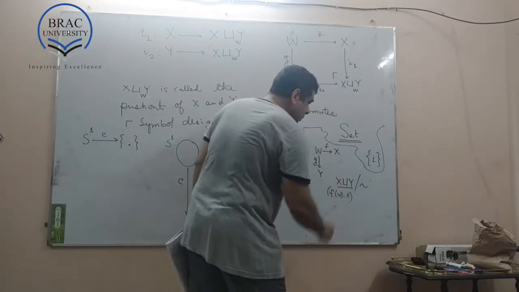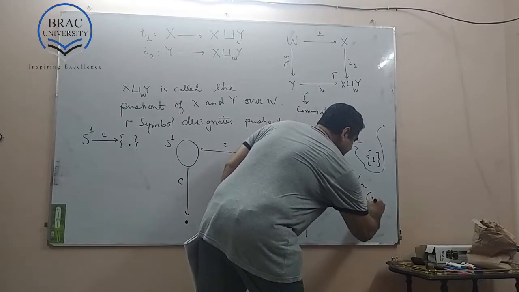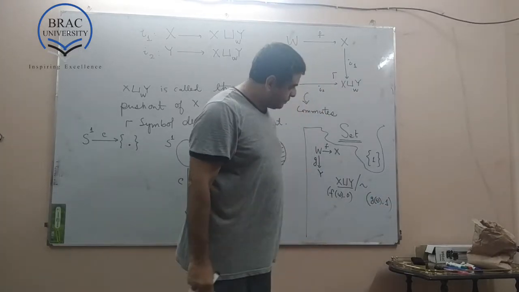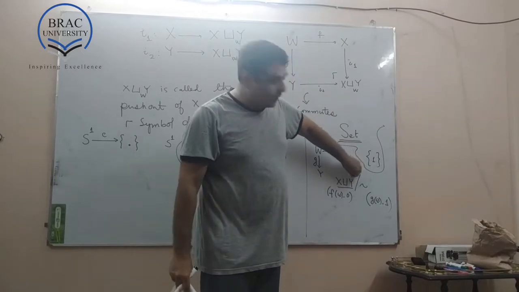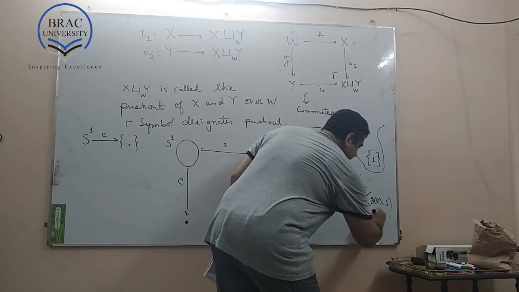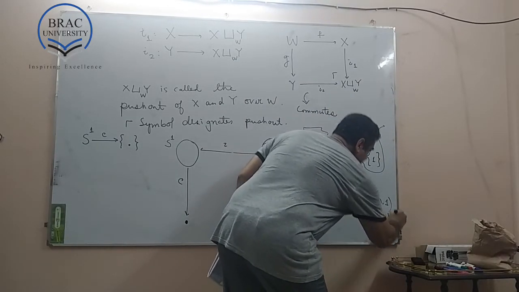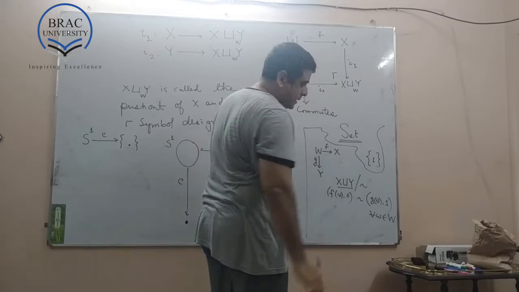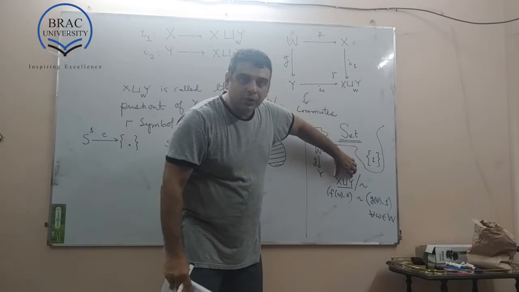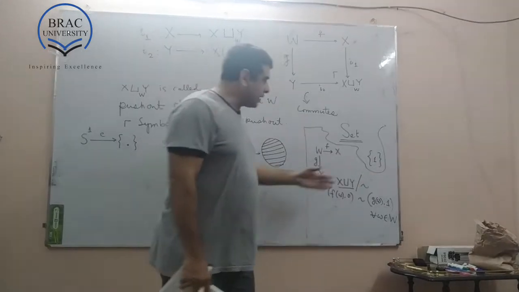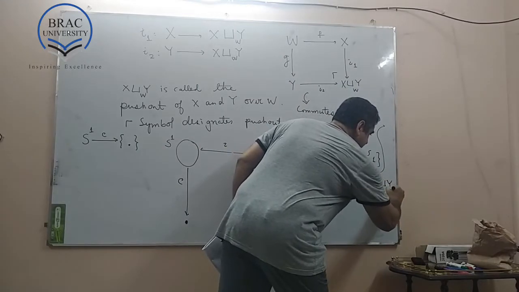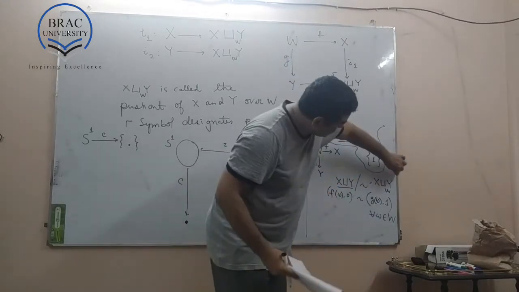And if we take (g(w), 1), which corresponds to the second constituent of this disjoint union, they have to be identified for all w in this set W. Okay? So if we identify such pairs in this disjoint union, the resulting set is precisely the quotient set that we have called the pushout of X and Y over W.